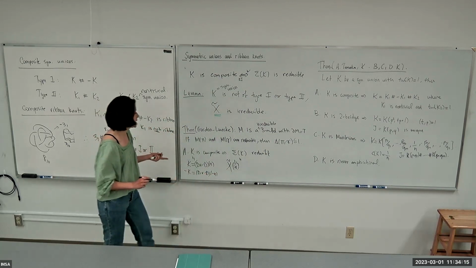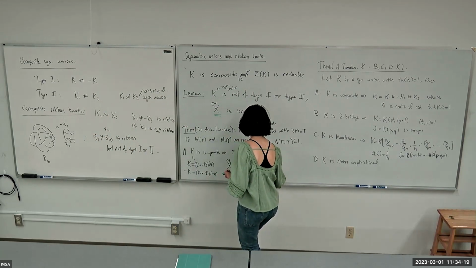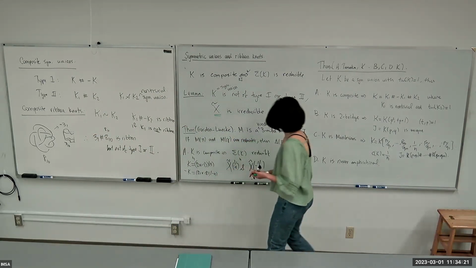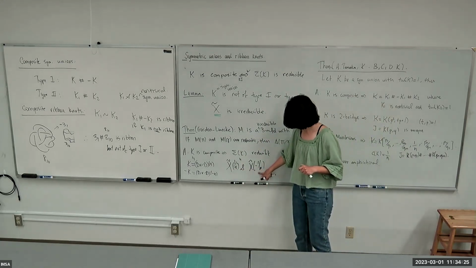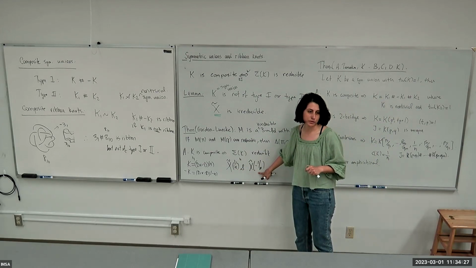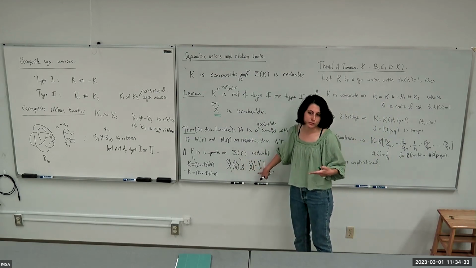Now we obtain two reducible fillings of X tilde, because this filling corresponds to the double branch cover of the mirror. If one of them is reducible, the other one is also reducible.